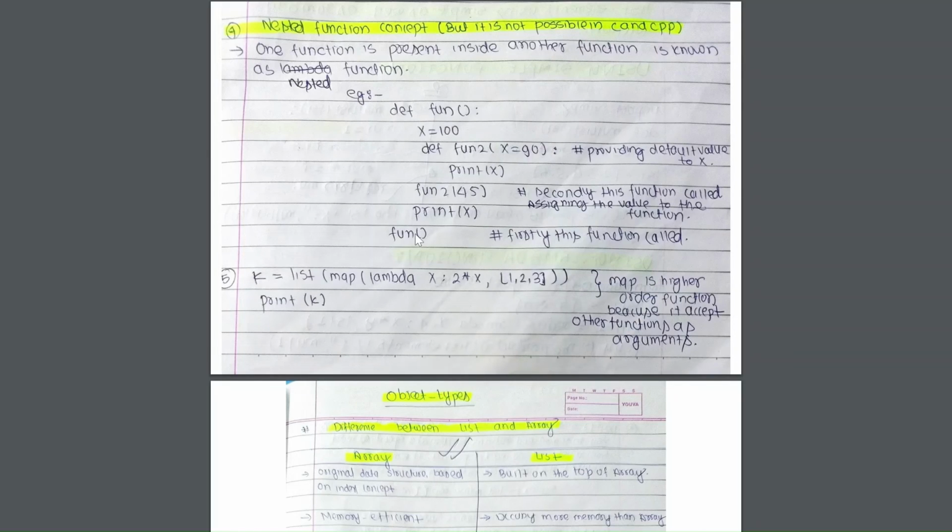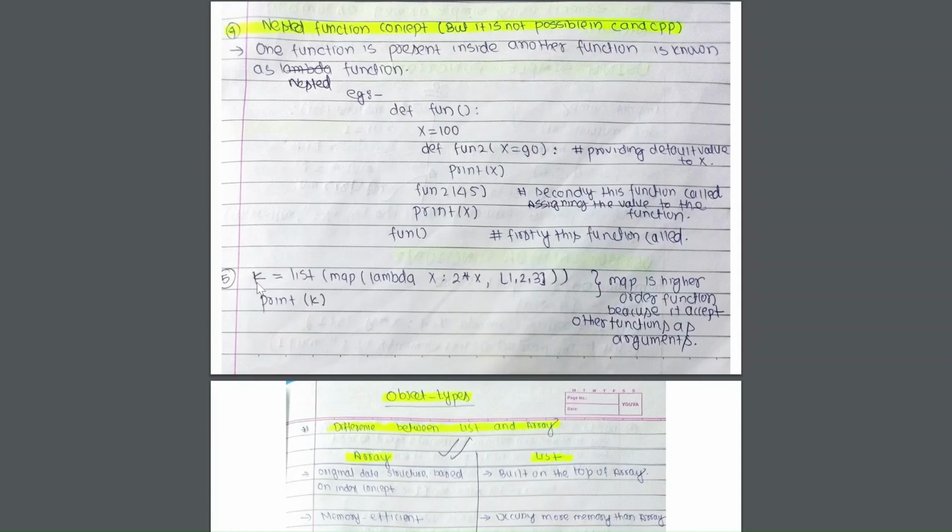After that, the x value becomes 100. Now, again, this function is called with value 45, then the x value becomes 45. We are printing x, then 45 will be in the output. After that, the scope of the 45 is within this function only because it is a local variable. When it comes out from this function, then x equal to 100 will be printed. Then our output is 45 and 100.